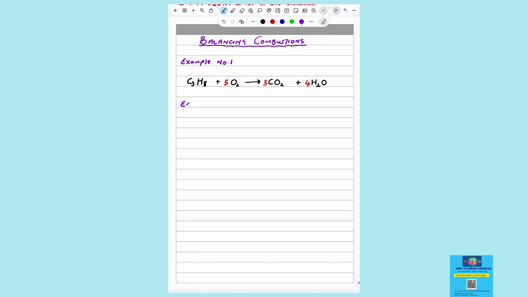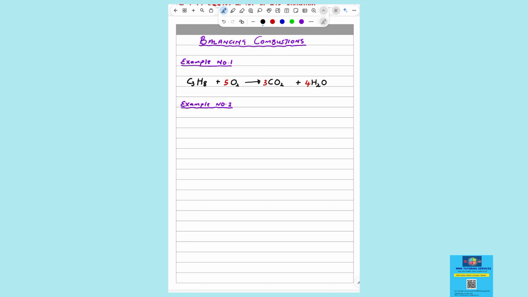Let's look at example number 2. Let's pick up a compound where the number of carbon atoms is even. Let's take C4H10, for example.